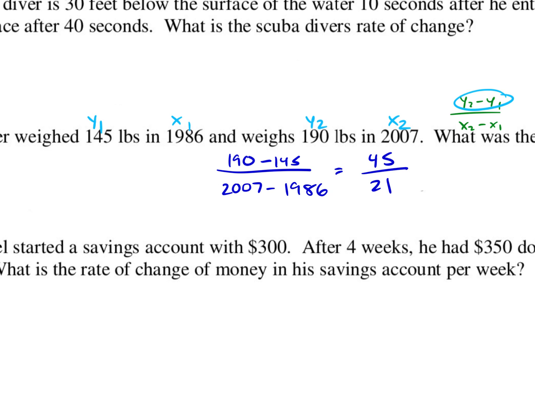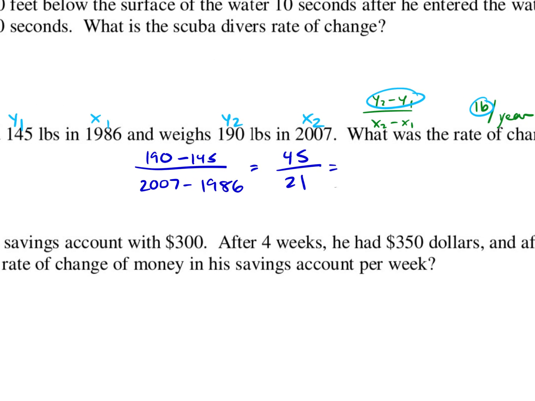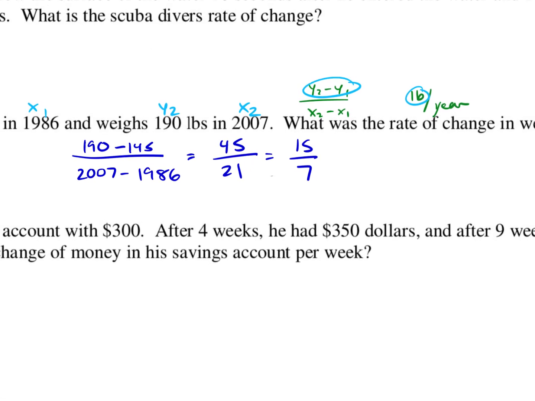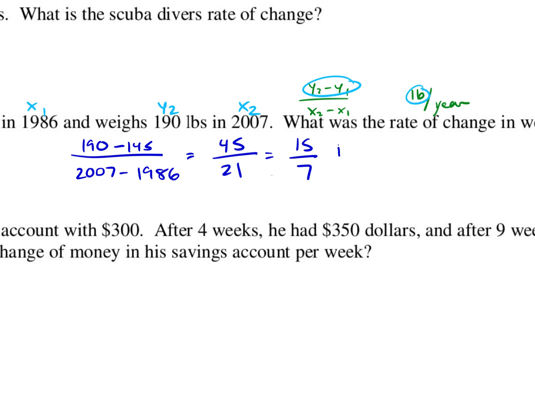Can I simplify 45 over 21? What goes into both of them? 3. So we divide 45 by 3, we get 15, and 21 divided by 3 is 7. So it'd be 15 over 7 pounds per year.